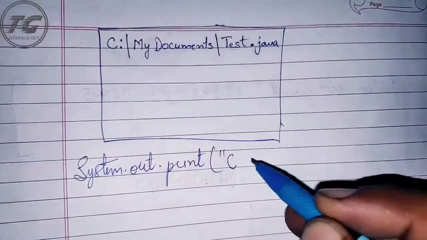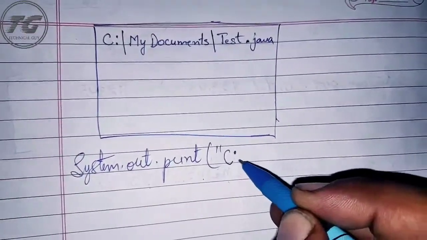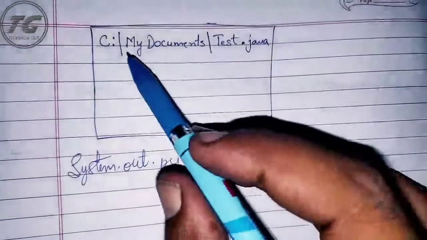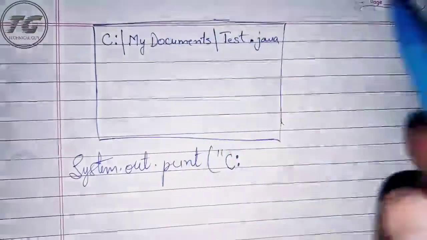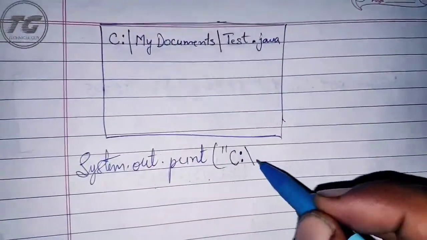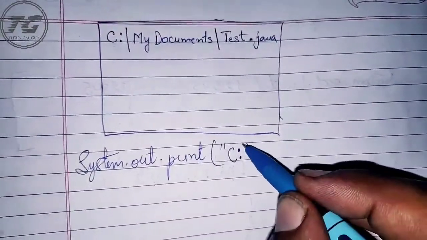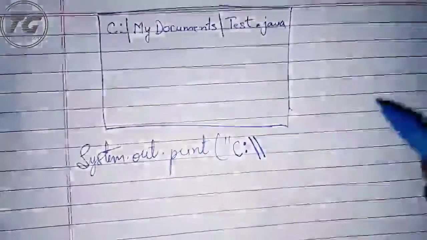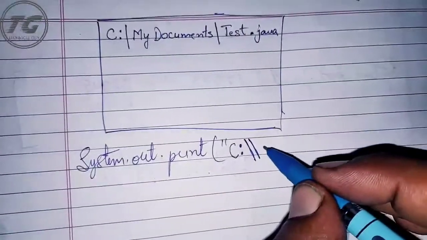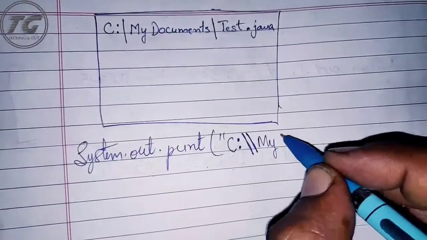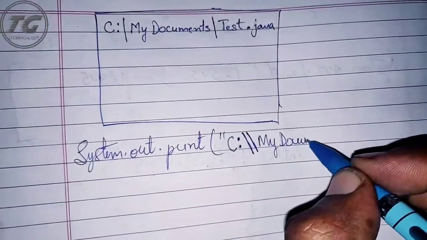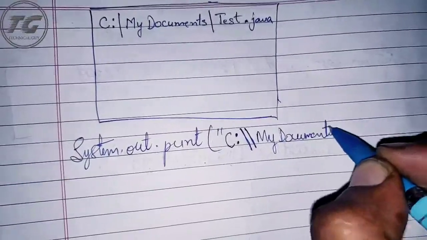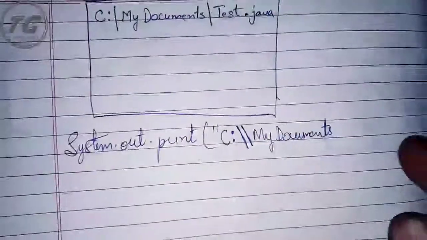Firstly we write the character C inside double quotes, then colon, which you can print simply. Then you want to print this slash, so you have to put two slashes, an escape sequence, and one slash will be printed. Then write my documents.